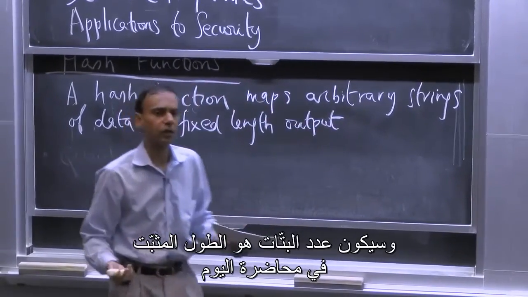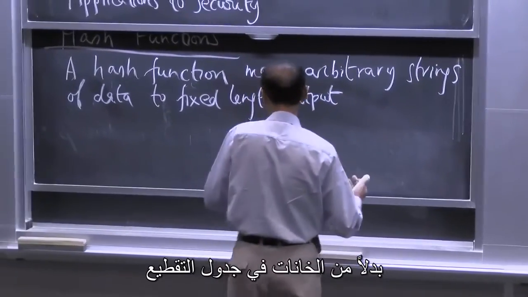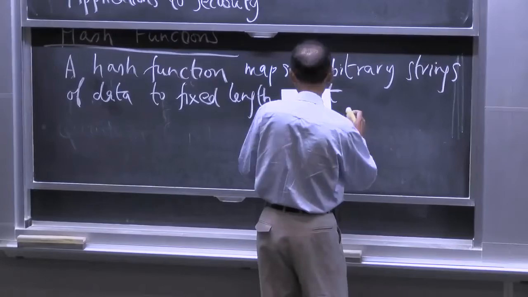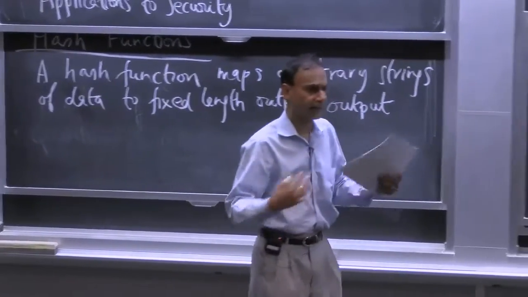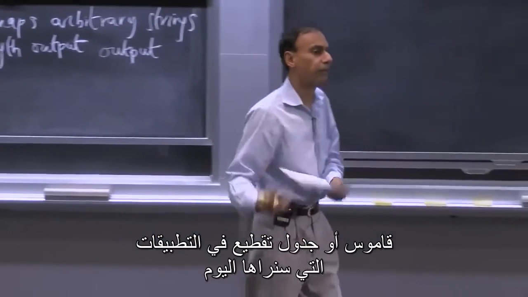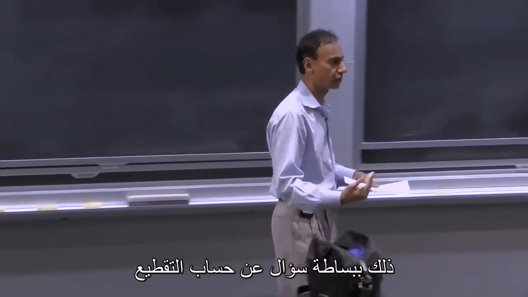And we're going to think about this fixed length as being a number of bits today, as opposed to slots in the hash table. Because we really aren't going to be storing a dictionary or a hash table in the applications we're going to look at today. It's simply a question of computing a hash.